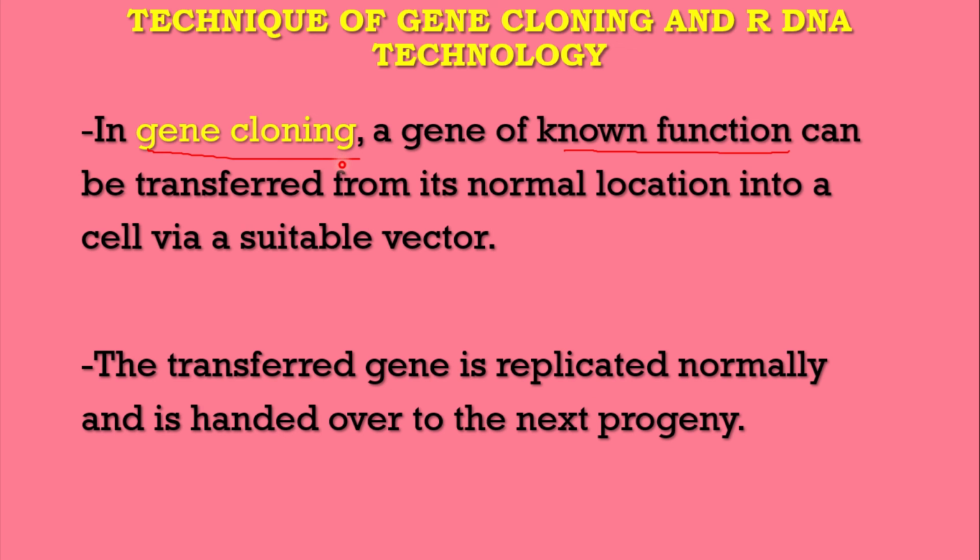In short, keep in mind that gene cloning means preparing a number of copies of a gene. Here the required gene of desired or known function is taken and transferred into a new organism through a suitable vector. The transferred gene is then allowed to replicate, and when many copies of the gene are formed, that is called gene cloning.